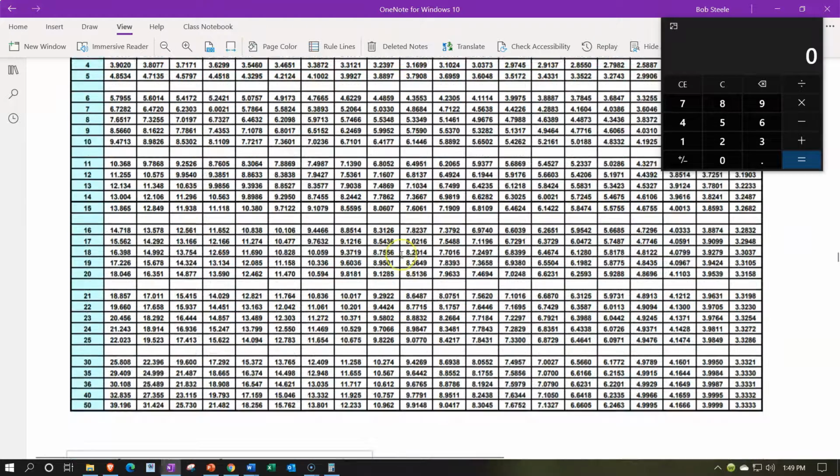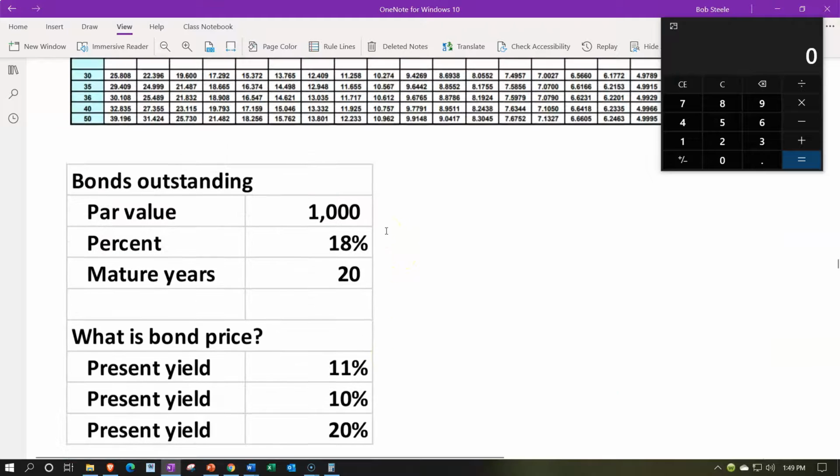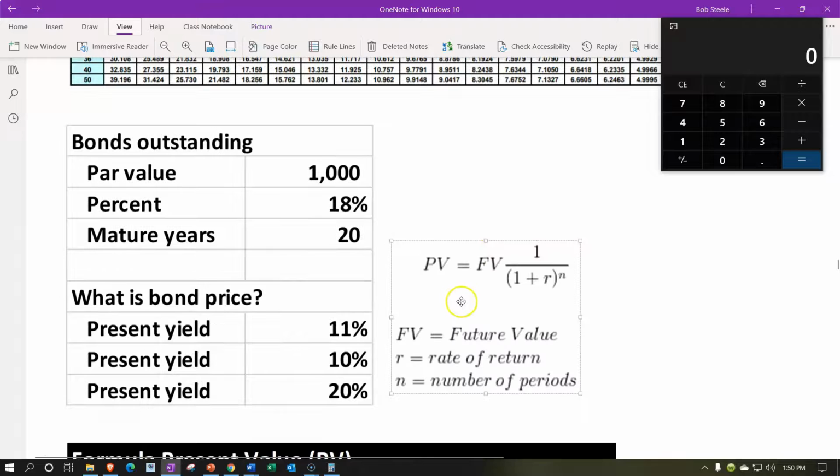So then we can calculate, now we're going to do the second component here, which is the calculation of the present value of the $1,000. The formula is going to be the present value equals the future value over, basically, 1 plus r to the n. The future value is the 1,000, and then we've got the 1 plus r, now 10%, to n, number of periods, which is going to be 20.